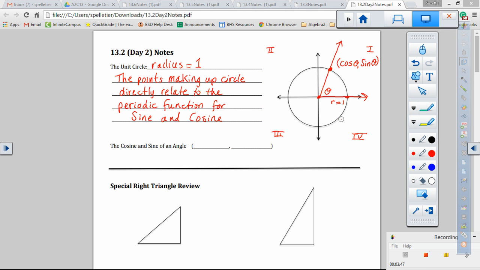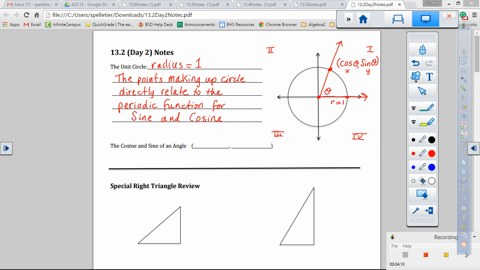We'll call the angle theta. That's the Greek letter theta. It kind of looks like a cursive O. So angle theta has the point cosine, sine on the outside edge of the circle. This represents the x, and this represents the y. We get those values by doing the cosine of that angle and the sine of that angle.